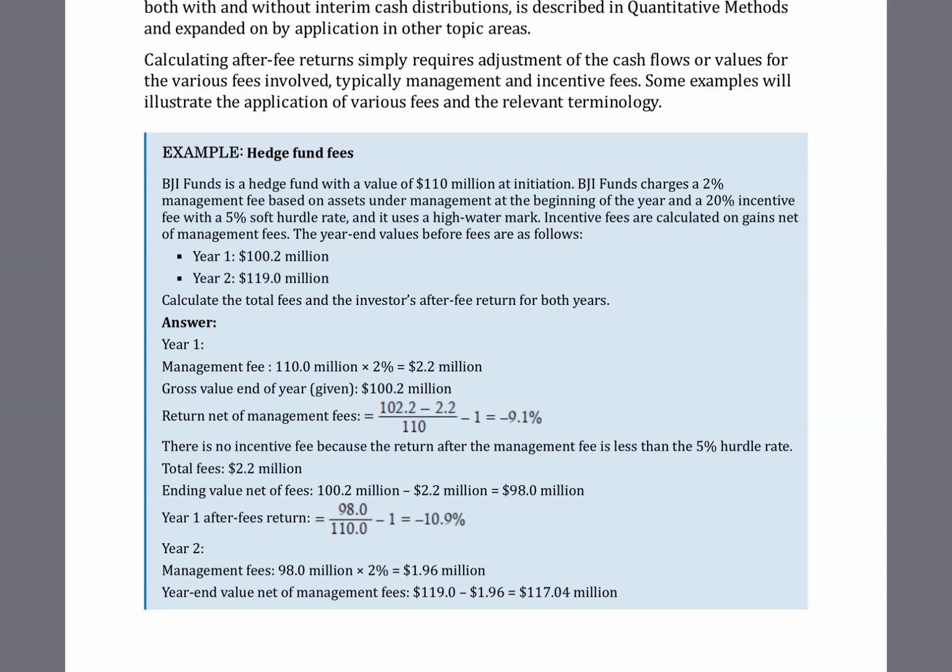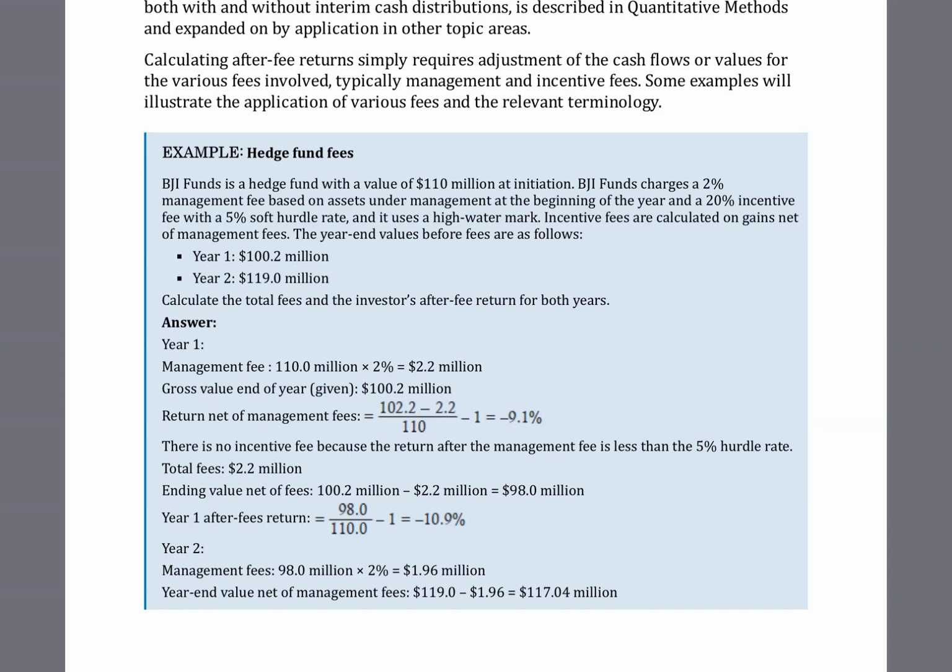I subtract that 2.2 million from the ending value, which was 100.2, and I get 98. I divide 98 by the beginning of period value, 110, minus 1, which gives me minus 10.9%. With this minus 10.9%, you have not met your target. Therefore, in terms of the 20%, you get nothing. Is that side clear?